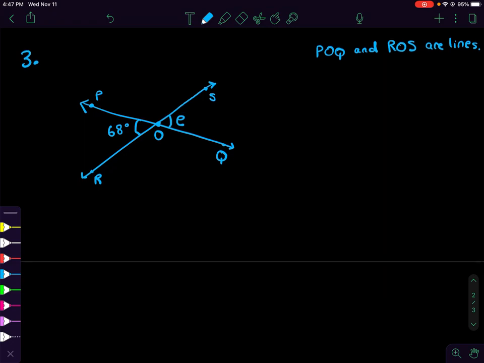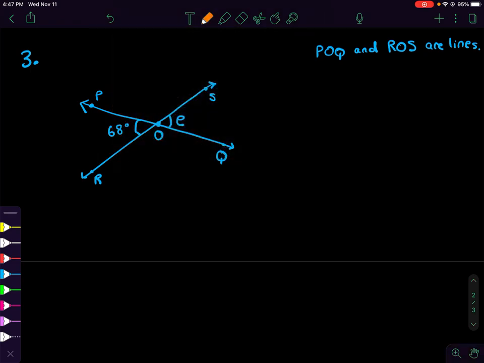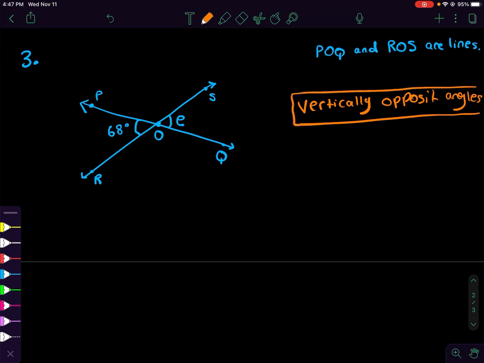The rule that you can apply for this question is vertically opposite angles. Remember that rule that I talked about? That's the rule that you can apply in this specific question.